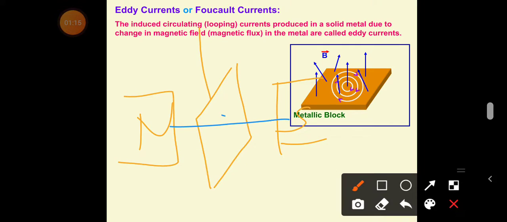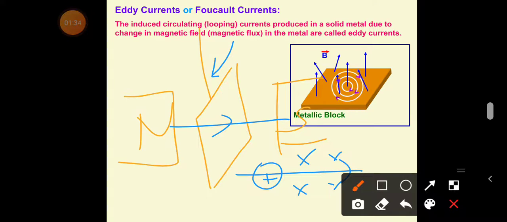Let us say the field is directed in this way and this sheet is entering inside this changing magnetic field. Now, as we know, when a charged particle enters a perpendicular magnetic field, what happens? It starts to perform circular motion.